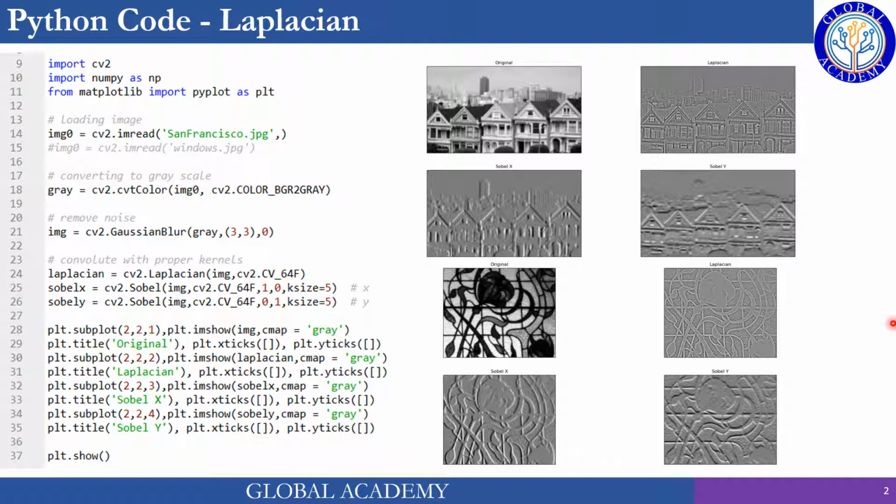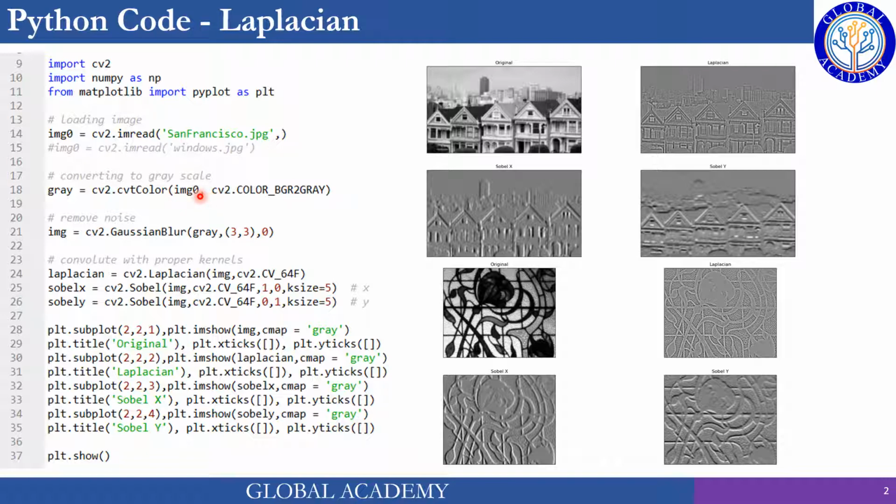So here is the Python code for Laplacian. We loaded an image, San Francisco.jpg, as img0, then converted it to gray using the cv2.cvtColor method.